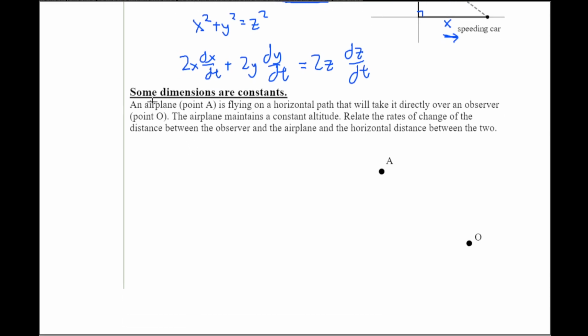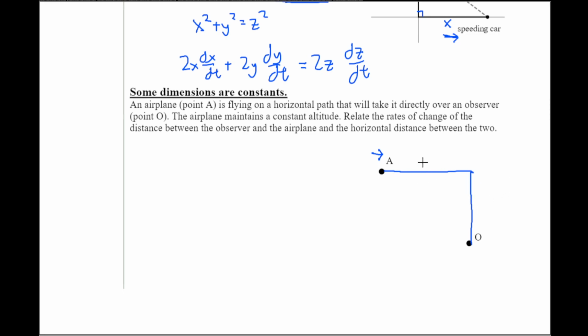So we're going to go over an example where some dimensions are constant. An airplane, point A, is flying a horizontal path that will take it directly over an observer, point O. So A is going to the right, so it's directly over right here. It's flying on a horizontal path that will take it directly over an observer O. The plane maintains a constant altitude.